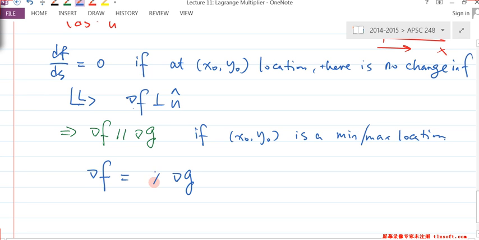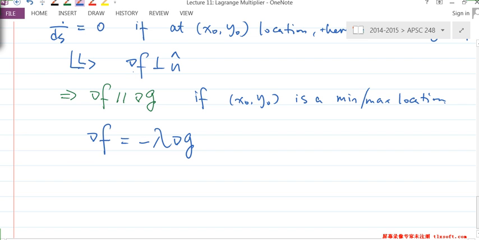So I can use a scale to represent the relationship between these two vectors. To facilitate the writing, I'm going to put a negative here. It doesn't matter, but just for conventional writing. So they're only going to be a scale difference. They may be pointing in the same direction, or maybe the opposite direction, but they are only a scale difference. Okay?